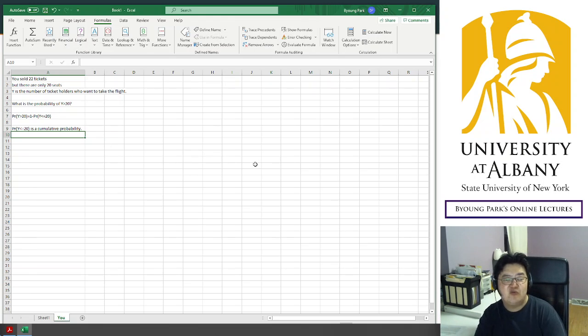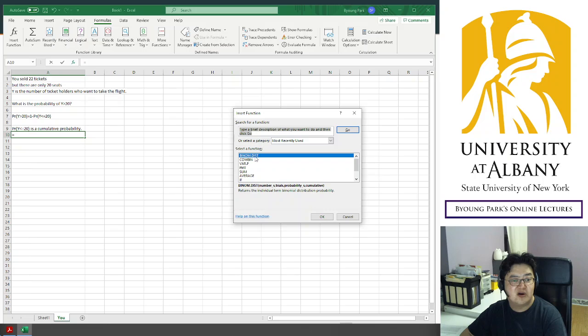We learned cumulative probabilities in chapter 3. So remind yourself. And there was a cumulative probability option for the binomial distribution.